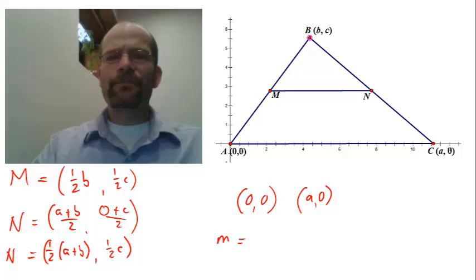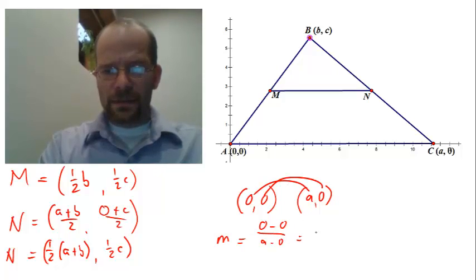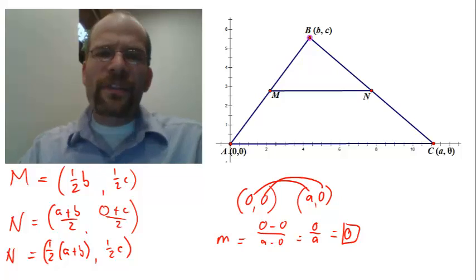That's my third side. When we talk about delta y, you can see it's 0 minus 0 divided by a minus 0, which is 0 over a, which you can see equals 0. So the slope of my third side is 0.